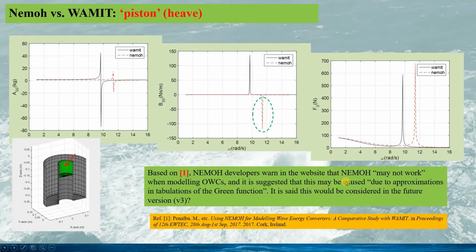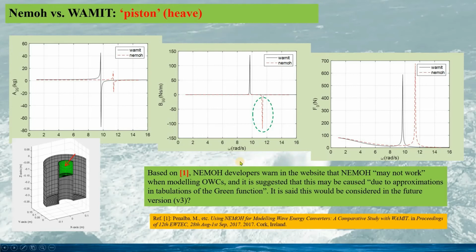Based on the reference, we can see the Nemoh developers have warned that the current version of Nemoh might not work for OWC, and the problem might be caused by the approximation in the tabulation of the Green function, while in WAMIT, the Green function is always calculated.